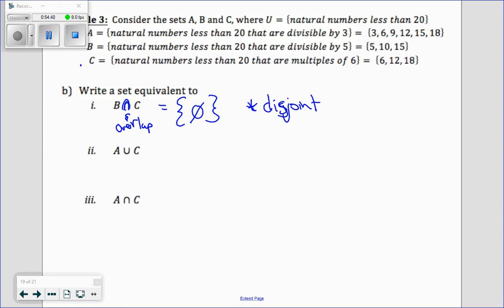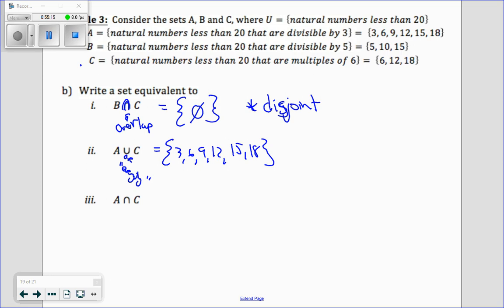What does this symbol mean? That means or. So this means everything. If I put A and C together, what would be everything in my list? It would be 3, 6, 9, 12, 15, 18. Is it wrong if you wrote 3, 6, 6, 9, 12, 12, 15, 18, 18?